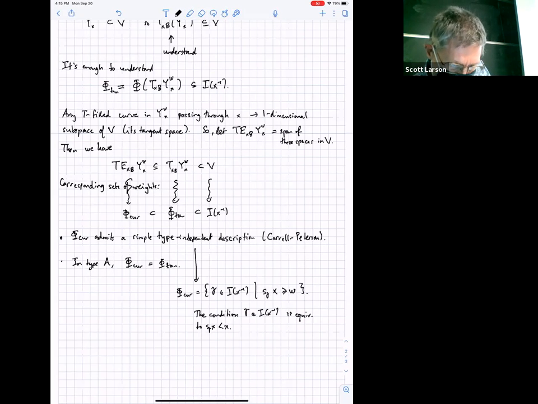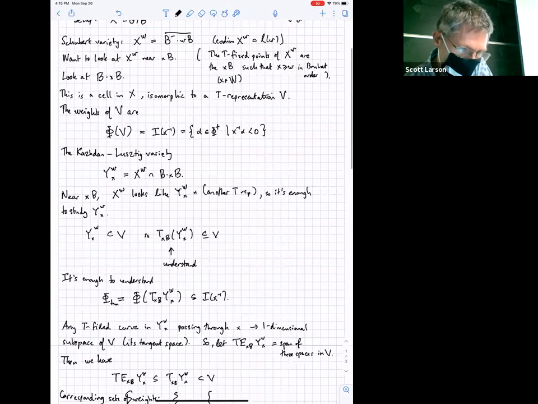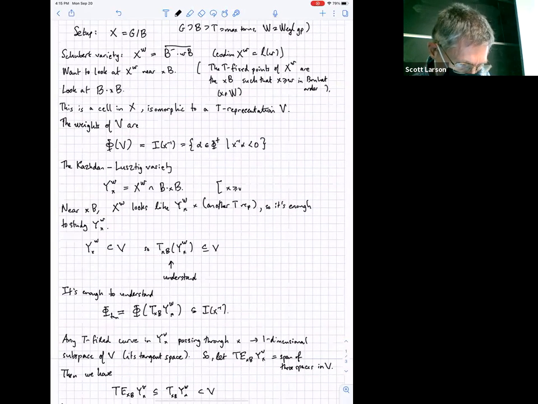So we have this situation here where, for x to be a t-fixed point, I should have backed up here. The assumption has to be that x is bigger than or equal to w here, because otherwise it's not a t-fixed point to begin with. I should have said that.